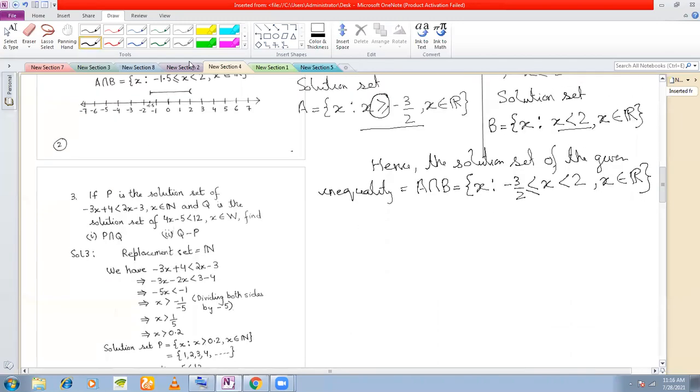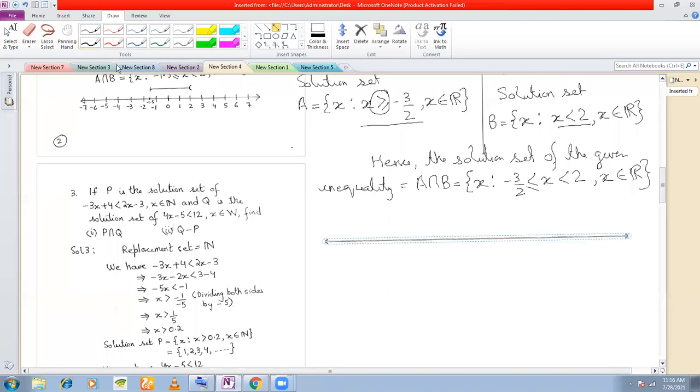Now we graph this on the number line. Okay. So minus 3 by 2 is minus 1.5.